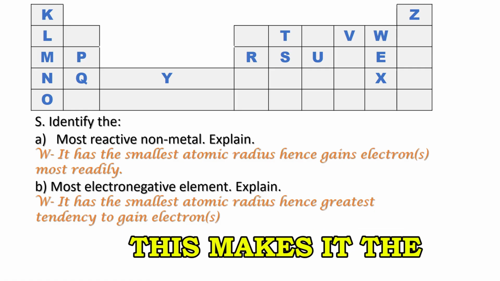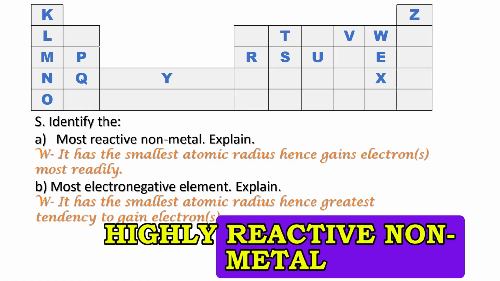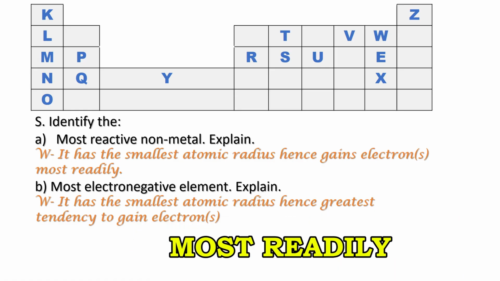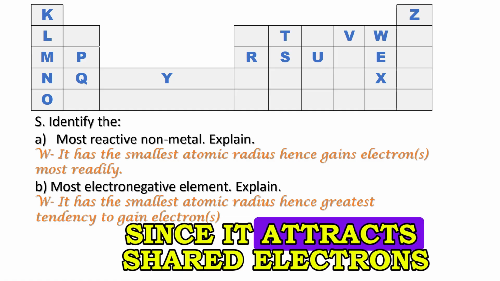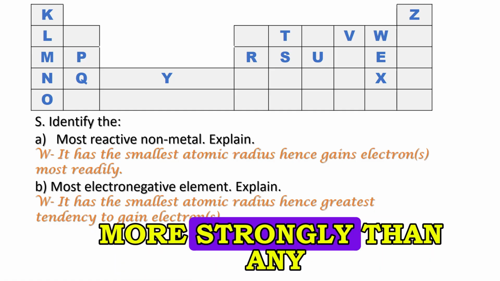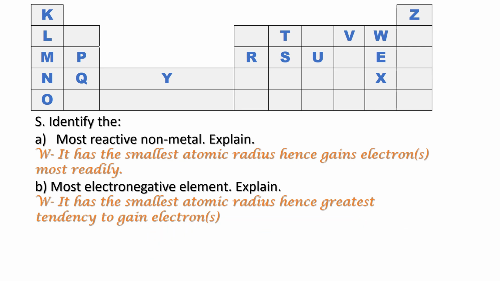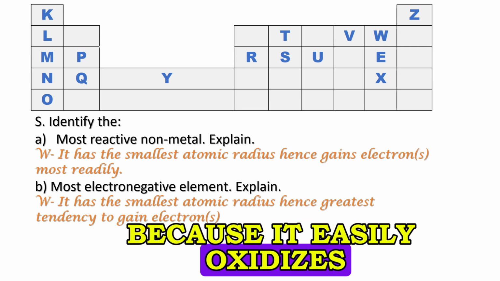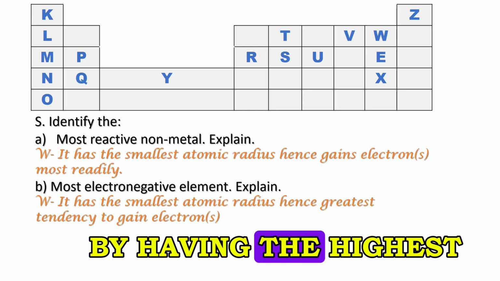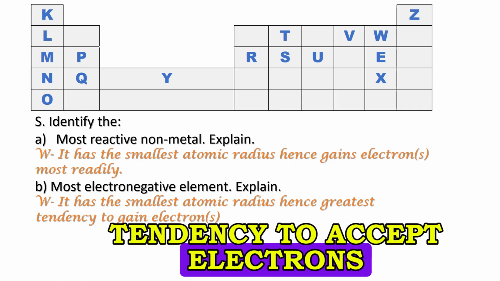This makes it the most reactive nonmetal because it gains electrons most readily. It is the most electronegative since it attracts shared electrons more strongly than any other element. It is the strongest oxidizing agent because it easily oxidizes other substances by having the highest tendency to accept electrons.